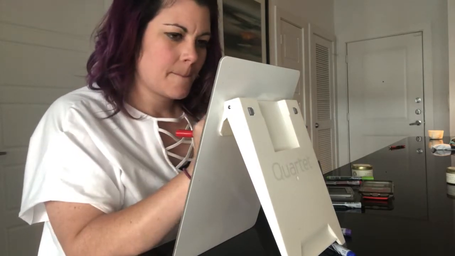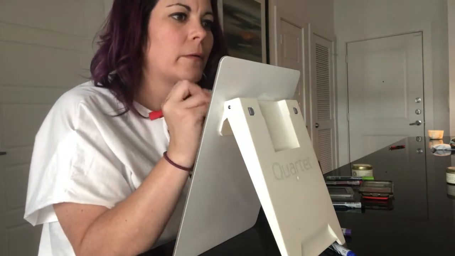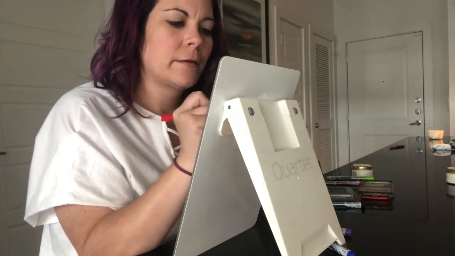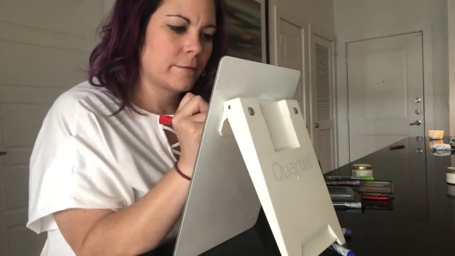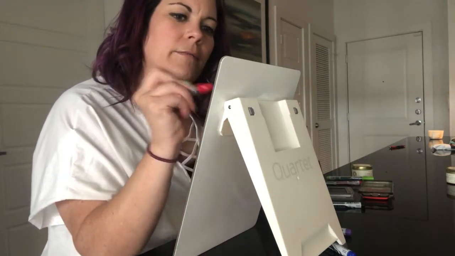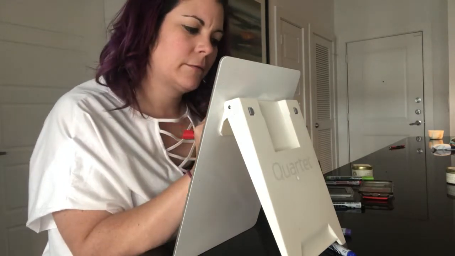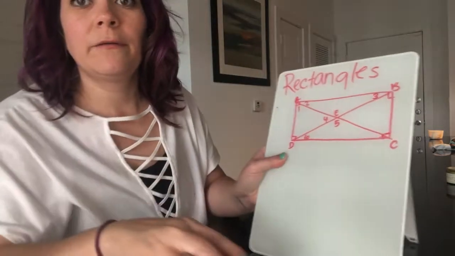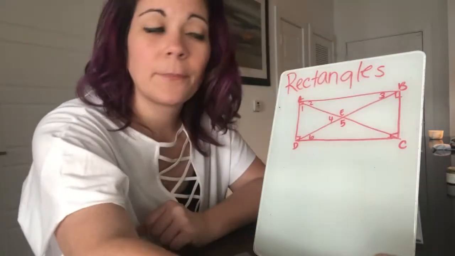It's kind of hard to draw when it's sideways. So 1, 2, 3, 4, E, 5, 6, and then A, B, C, D. We know that these are right angles. So I'm telling you that this is a rectangle, okay? So all the properties of a rectangle plus all the theorems apply.